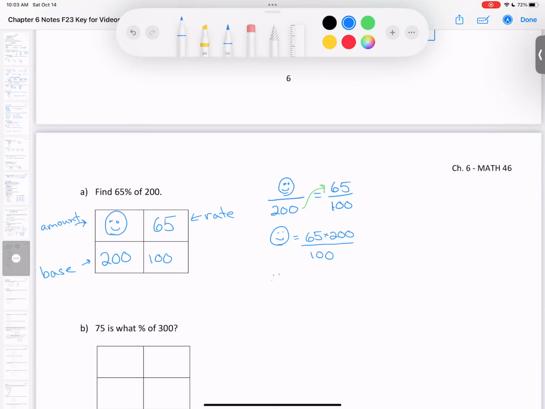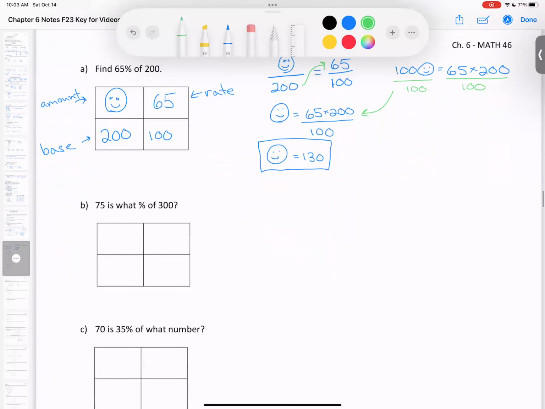And that will give us, let's see, I'm going to type that into my calculator, 130. Okay, the other way you can do this, just to practice your algebra skills, is to do that cross product. So we will get 100 smiley faces equals 65 times 200. It's basically the same thing, because now I'm going to divide both sides by 100, and I end up back over here. So whichever way you find easier to look at these examples is fine.